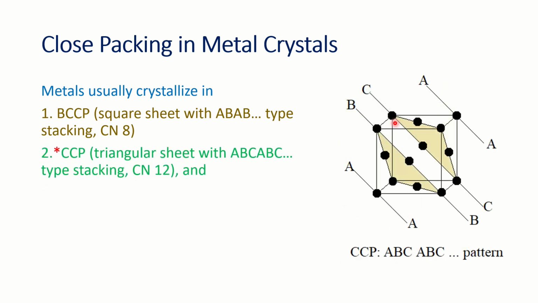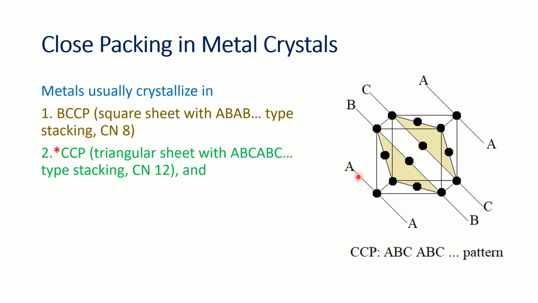Now the next one is cubic close packed, which is actually the face centered cubic lattice arrangement. In the face-centered cubic lattice arrangement, you can see overall 14 atoms. Out of this 14, 4 are inside the unit cell and 10 are outside the unit cell. If you consider the layers, you will find that this A has projection here, and no projection in this layer, no projection in this layer.